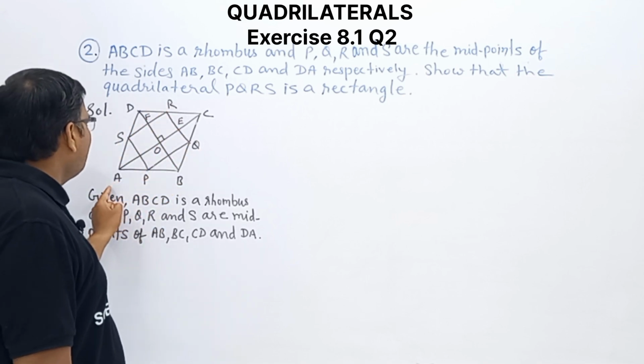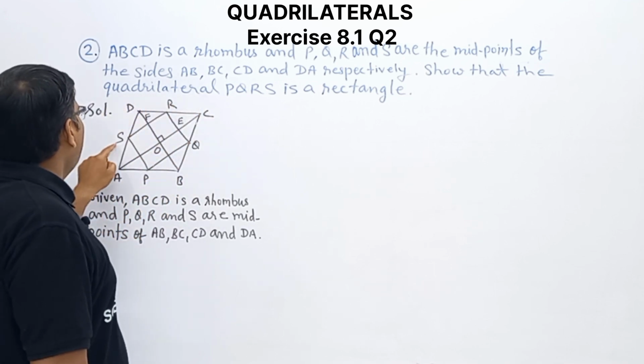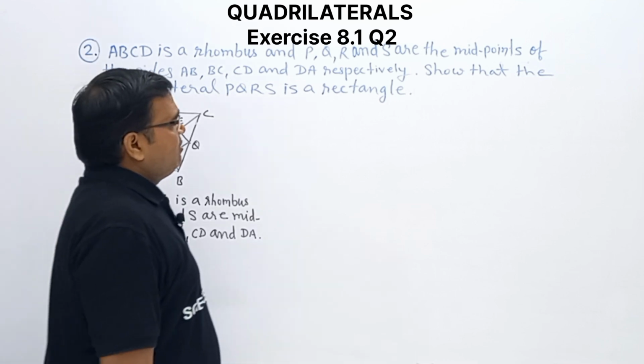P is the midpoint of AB, Q is the midpoint of BC, R is the midpoint of CD, S is the midpoint of DA. Clear? So what do we want?